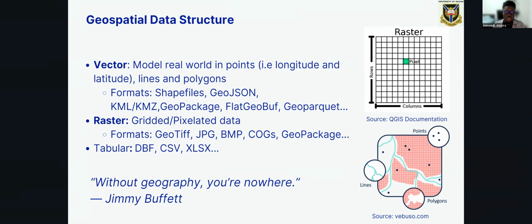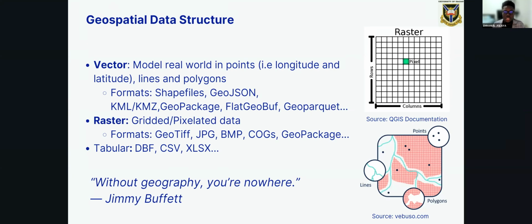We use geometry to represent the real world, because at the end of the day, GIS is trying to understand our world, attaching location components to these data sets, and everything around us is somewhere. You are currently joining me from somewhere, right? So if I want to represent where you are joining me from, say at the end of the call, we want to represent the location of participants, right?